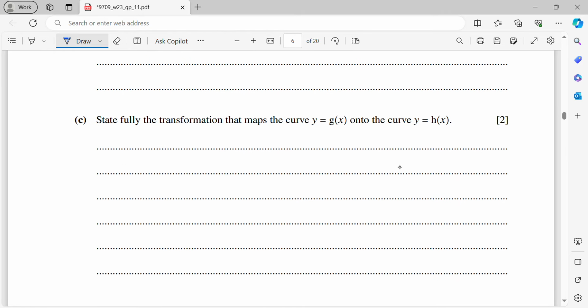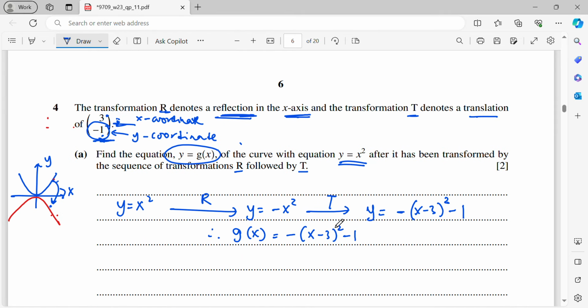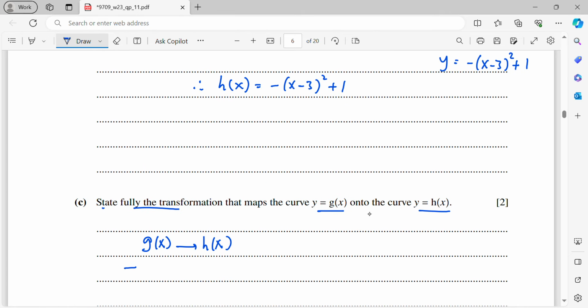And then C, state fully the transformation that maps y equals g(x) to y equals h(x). So when g(x) goes to h(x), that means g(x) is negative of (x minus 3) squared minus 1, to negative of (x minus 3) squared plus 1.